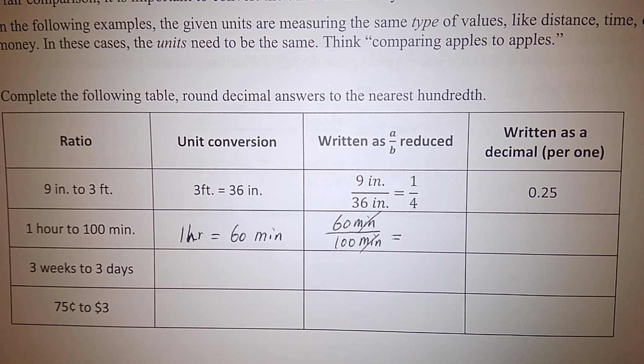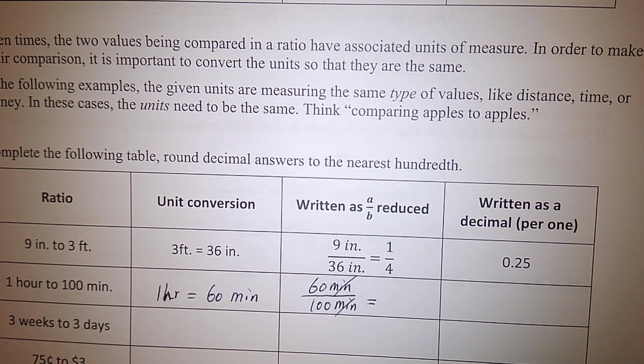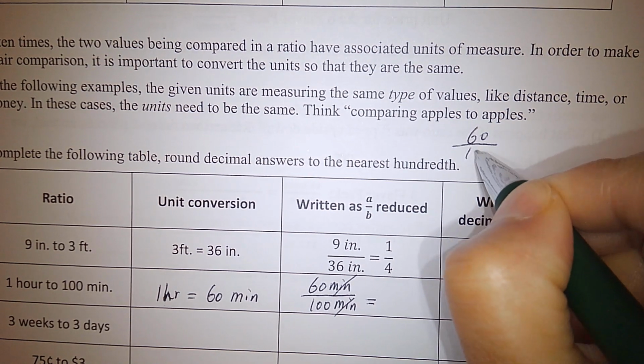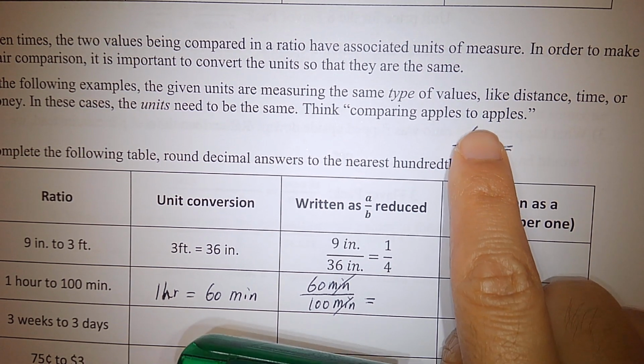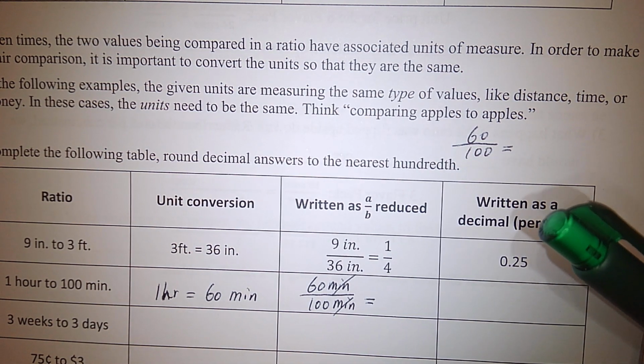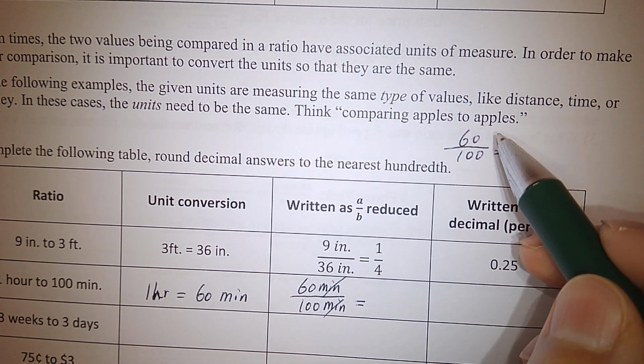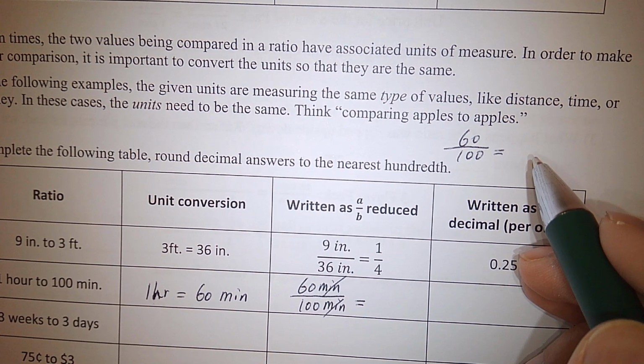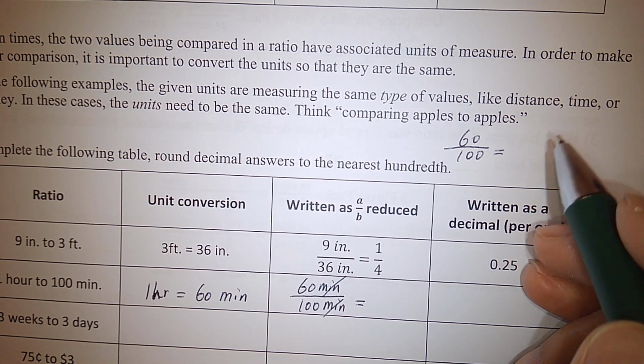Okay, so 60 out of 100, how to simplify that? I'm going to write it here. What common factor do you think we can try to reduce it? 20? Oh, yeah, that's the largest factor we can find, okay?